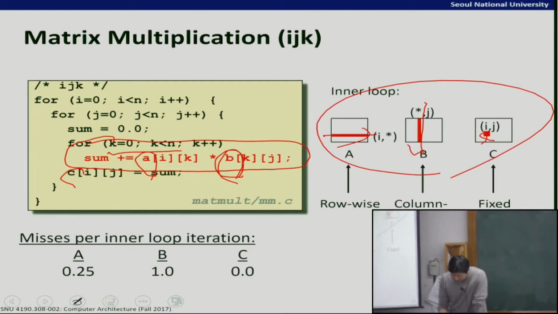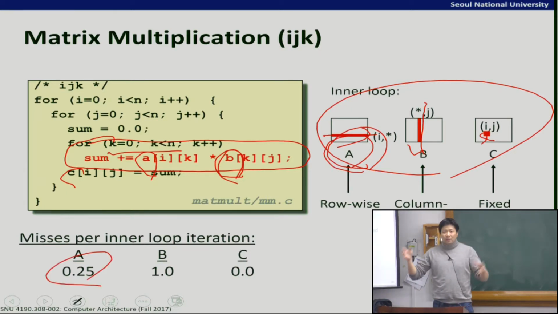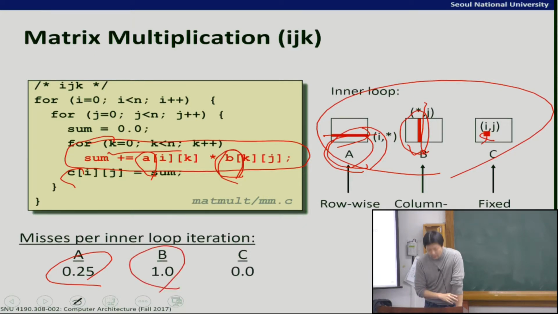So what will be the cache miss rate for each? The cache miss rate for array A will be 0.25, because you have a cache miss out of every 4 accesses. In the case of B, the cache miss rate will be 1. And what about C?